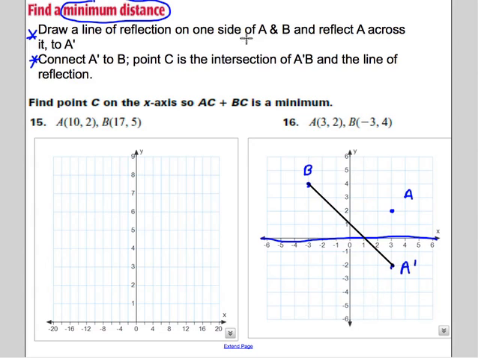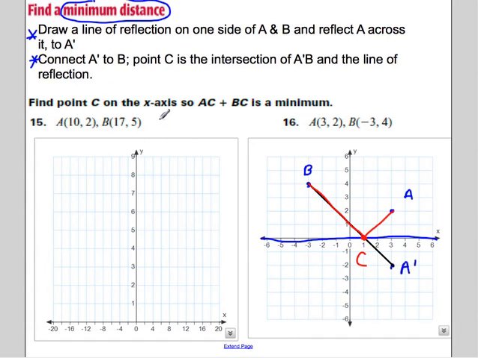Wherever that intersects our axis, which is right here, that's where we're going to put C. So wherever this line from B to A prime intersects our line of reflection, that's where you're going to put C. So AC plus BC is going to be at the minimum when it's right there. If we put it right here, from B to C might be shorter, but then from A to C is a little bit longer, which makes the addition different.